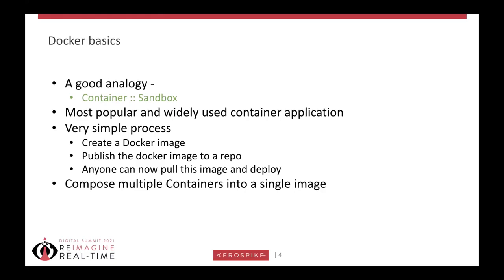And now anyone can pull this image and deploy if this is a public repo. You can also have private repos, which are open only to your organization or only to your group, so that you have a secure deployment mechanism. And also you can compose multiple images into one single cohesive Docker image.